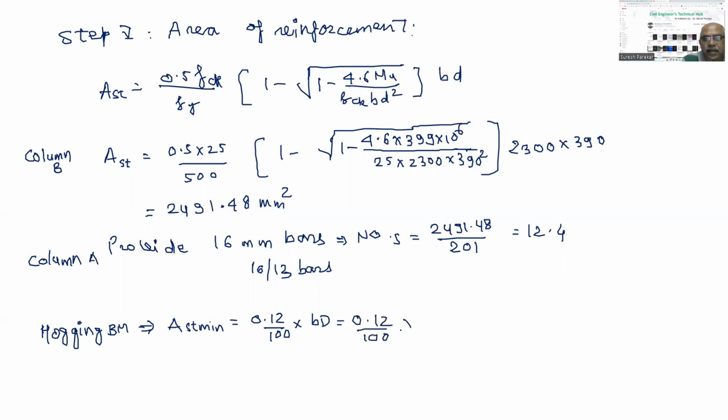B is 2300 and capital D is 450, and this value comes to 1242. Both are greater than this. Column A I have not mentioned, that I will mention afterwards. And we got these 13 bars. For the hogging bending moment, we have 7 bars of 16 mm diameter.